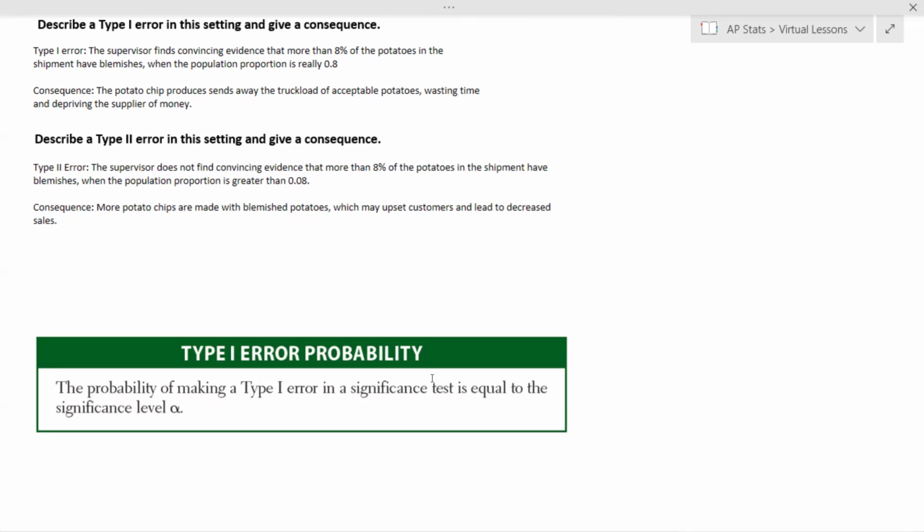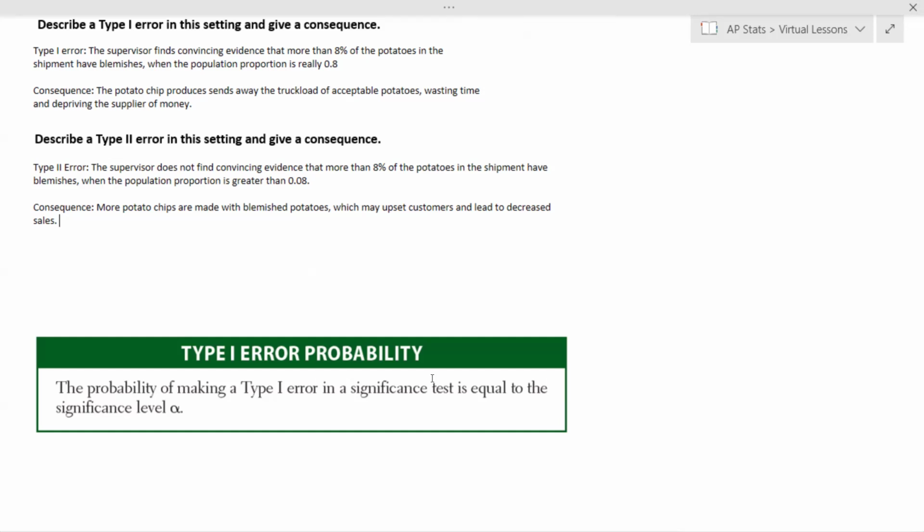So typically with significance levels, we use 0.05, 0.01, and 0.001. When deciding which level of significance to use, that depends on whether a type 1 or a type 2 error is more serious. In this example with the potato chips, a type 1 error occurs if the population proportion of blemished potatoes in the shipment is 0.08, but we get a value of sample proportion large enough to yield a p-value that is less than 0.05.